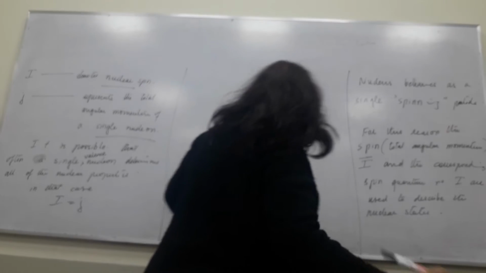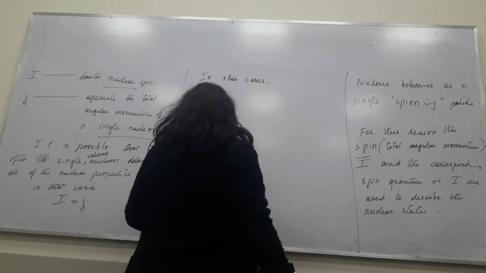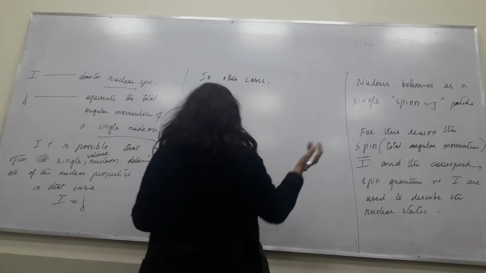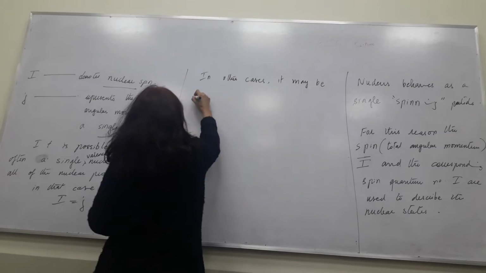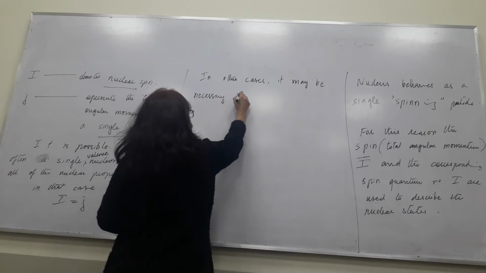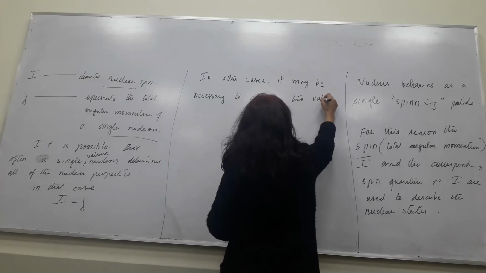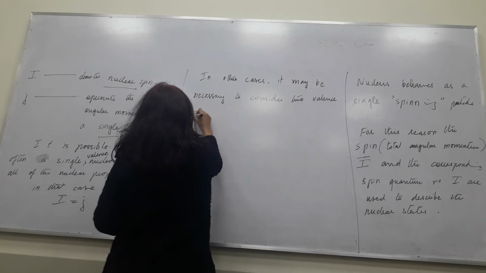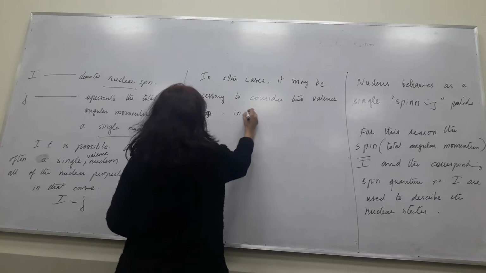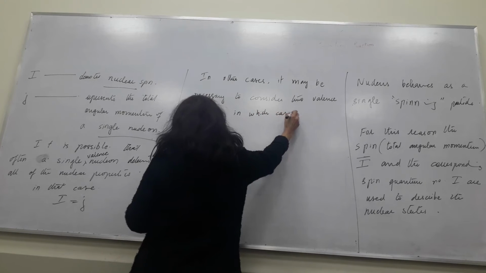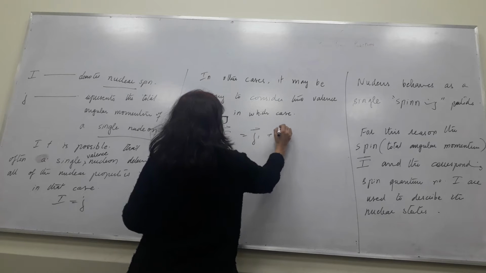Okay. So, in other cases, it may be necessary to consider, let us say, 2 valence particles. So, in this case, we can say that I will be equal to J1 plus J2.